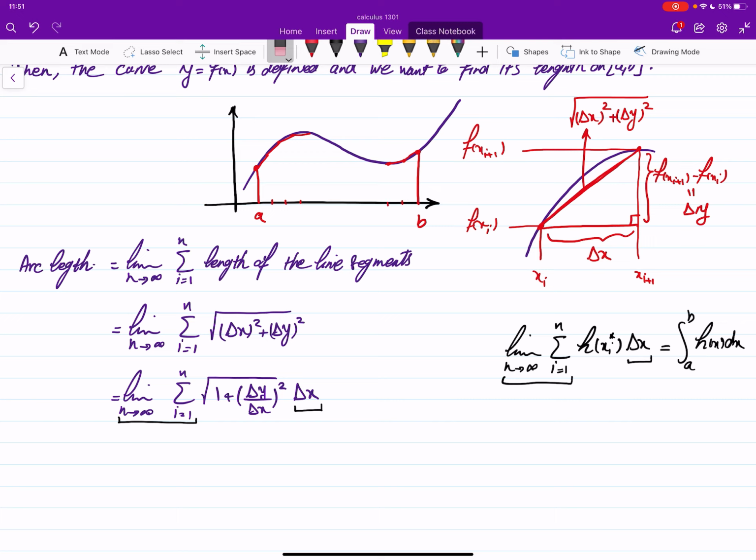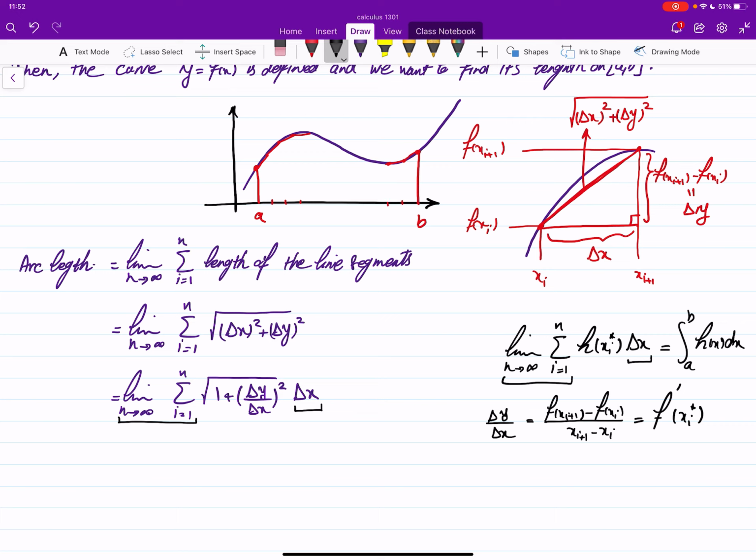The problem here is what this delta y over delta x is, which we then have to square. This is f of xi plus 1 minus f of xi over xi plus 1 minus xi. This quotient, by a mathematical theorem called the mean value theorem, must be equal to the derivative of that function f at a point in the subinterval xi to xi plus 1.